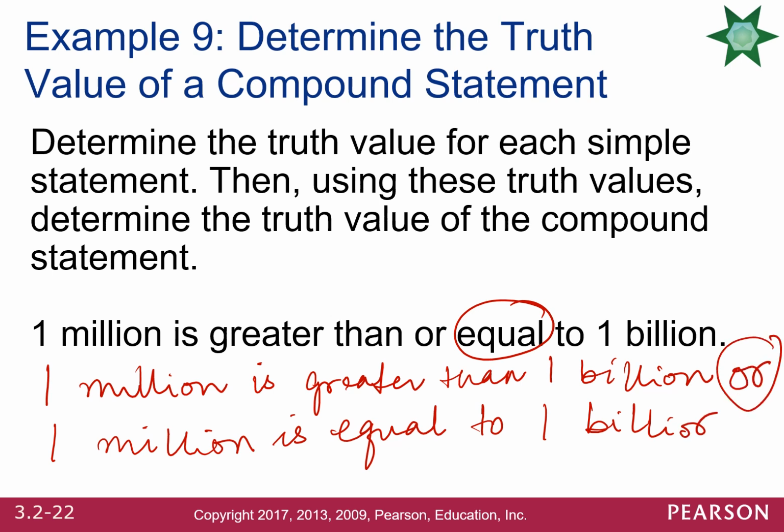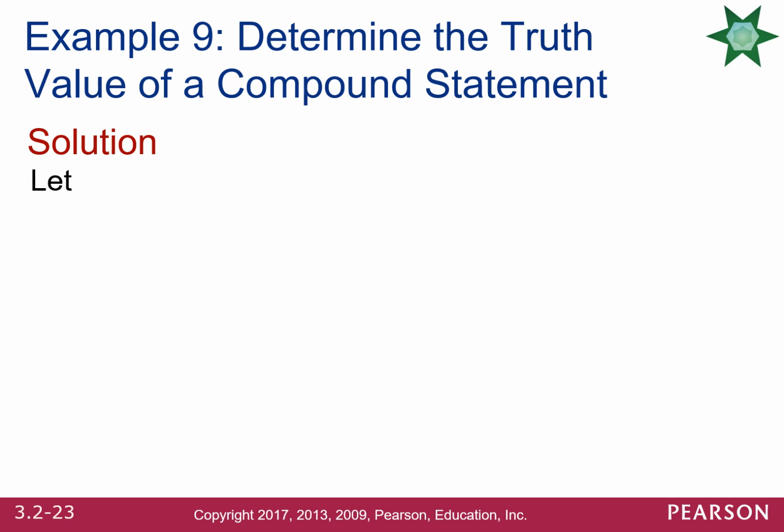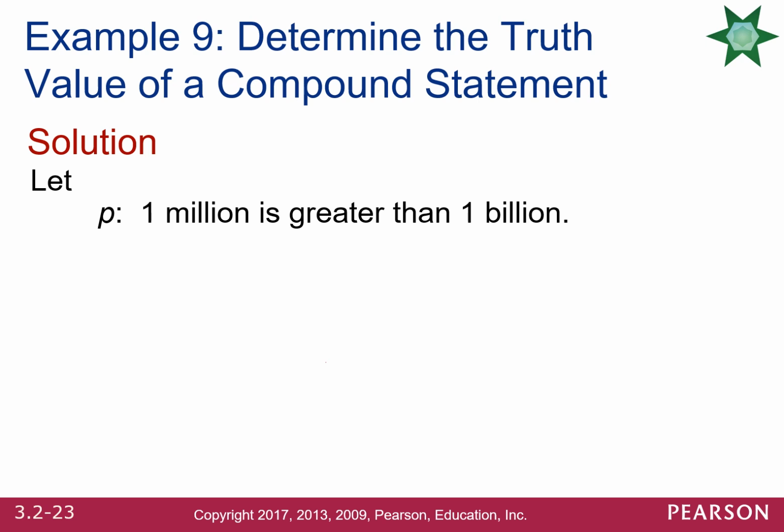Okay, so let's see how we are going to process this to come up with the truth value. So here's the solution coming up one by one. First it says, let P be 1 million is greater than 1 billion. So that's how we had constructed the first statement, and then the second statement, which is denoted by Q, is 1 million is equal to 1 billion.